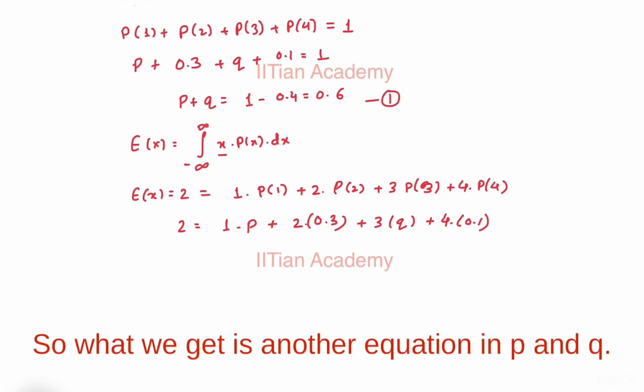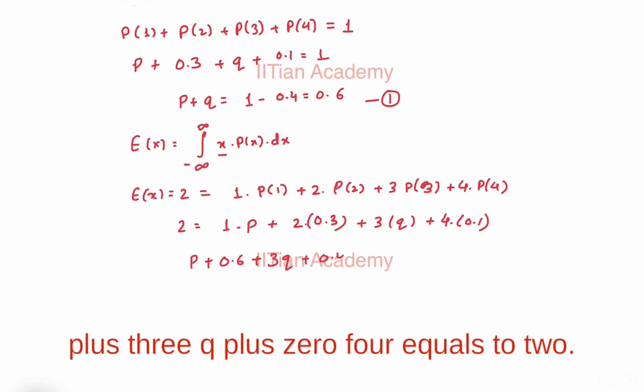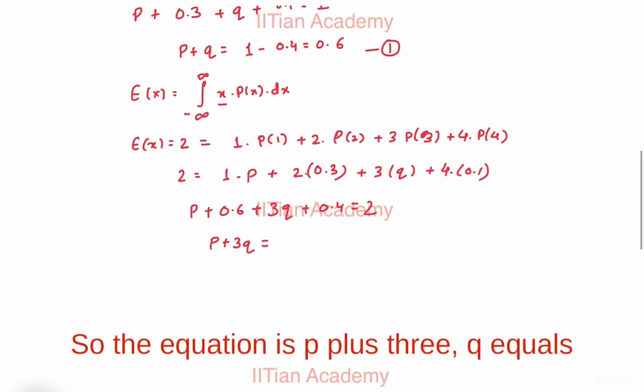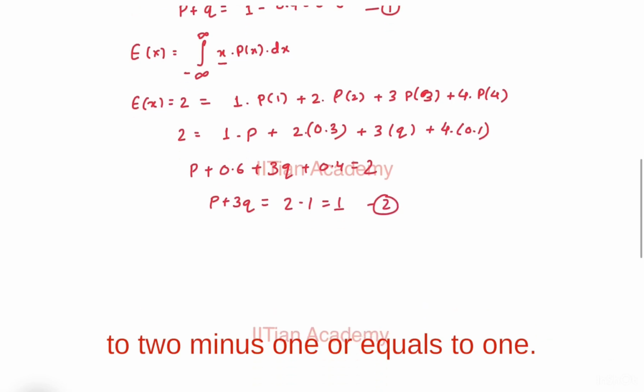So what we get is another equation in p and q. The equation will be p plus 0.6 plus 3q plus 0.4 equals 2. So the equation is p plus 3q equals 2 minus 1, which equals 1.